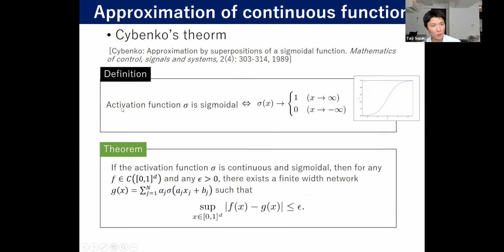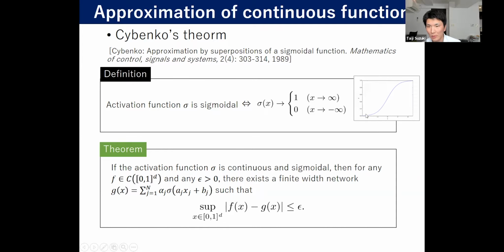Okay, so here we assume that the activation function sigma is sigmoidal. The sigmoidal activation function is defined like this. The activation function sigma(x) goes to 1 as x goes to infinity, and sigma(x) goes to 0 as x goes to minus infinity. So the sigmoid function is one example of a sigmoidal function.